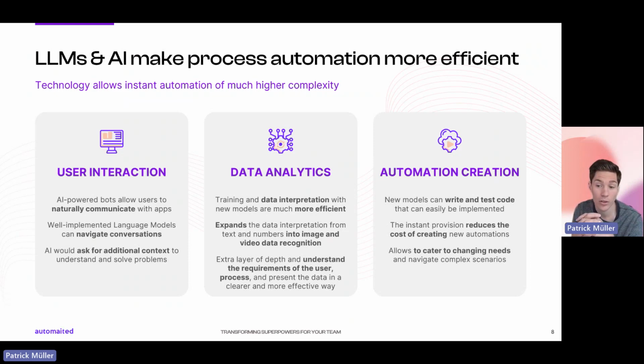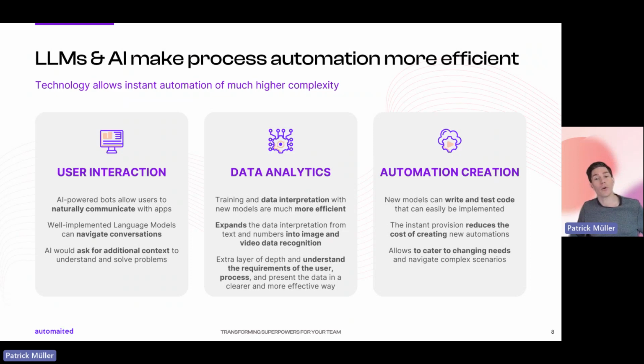So they can make sure that the code is written in a good way and it's easy to implement if done well. And it basically reduces the cost of creating automations, but also helps to make automations available instantly for more complex tasks over time. And it also allows to change and adapt automations much more flexibly than in the past, because it's much easier to extract and change code in those automations nowadays.